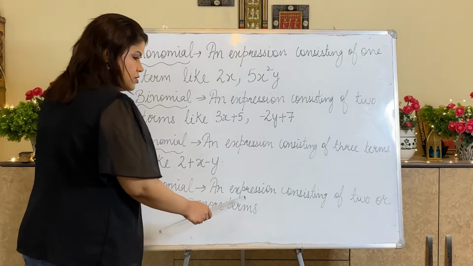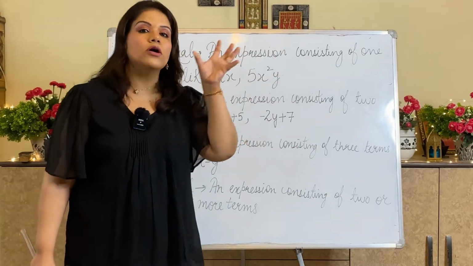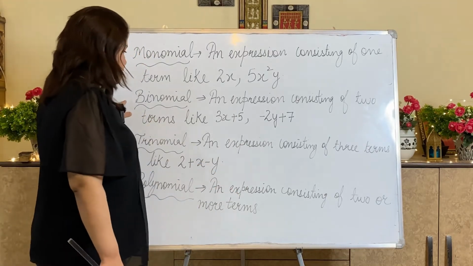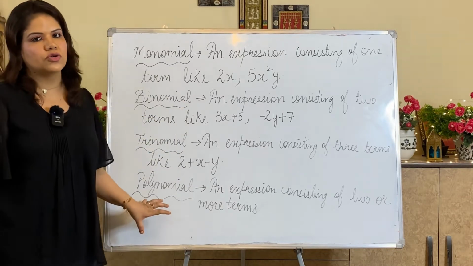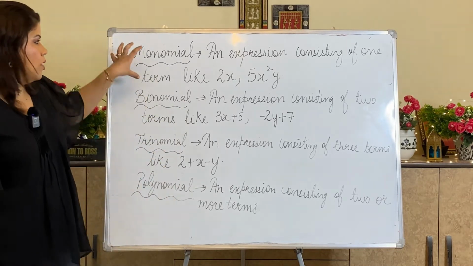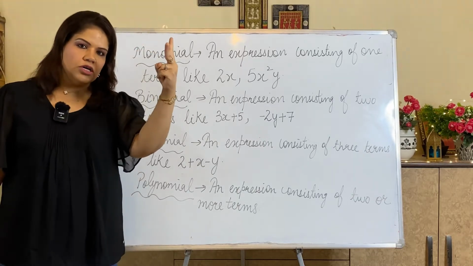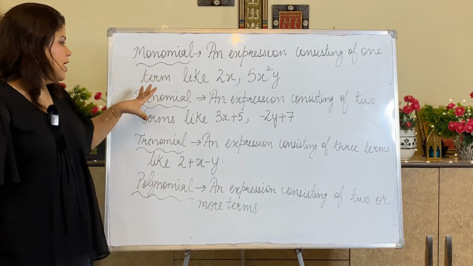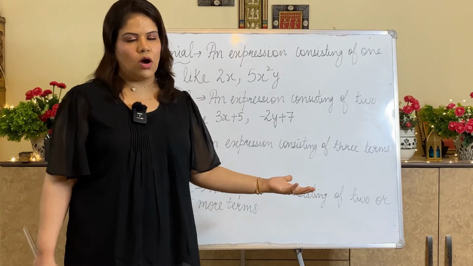An expression which consists of two or more terms is called polynomial. That means binomial, which has two terms, and trinomial is also a polynomial. Monomial means one term, binomial means two terms, trinomial means three terms, polynomial, any expression consisting of two or more terms is called polynomial.